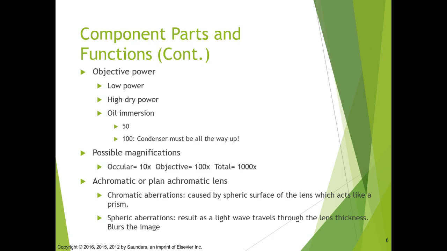There are a couple different types of lenses, achromatic or panchromatic. Chromatic, usually there's a spheric surface on the lens which acts like a prism, and this is okay unless you're using oil. When you're using oil, the oil can get all up in this spheric surface and dry on there.